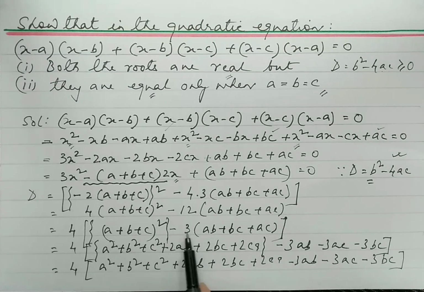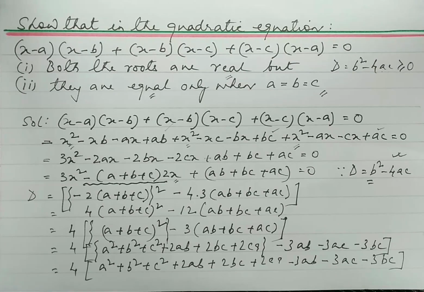Here we multiply by 2, so we get minus 3AB, minus 3BC and minus 3AC. Having done this, we know that these are all similar terms. So can we open the bracket and then simplify this? Of course we do that.